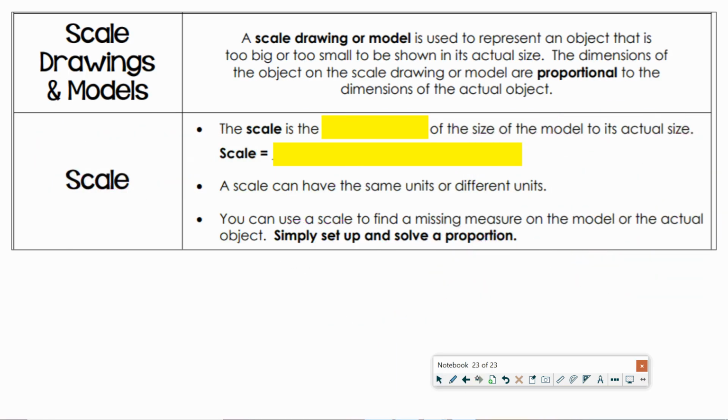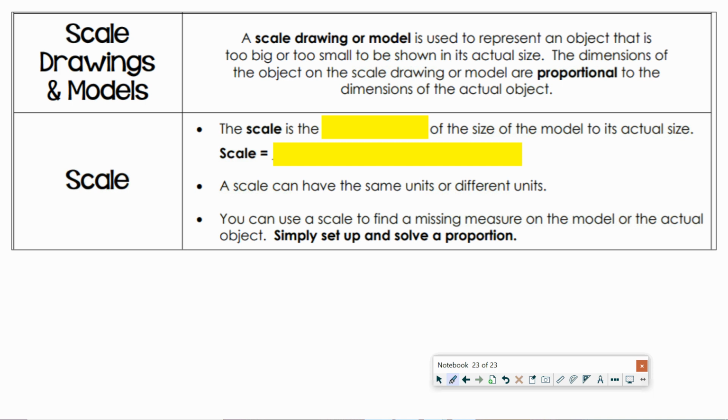All right. So the next part of this is scale drawings and models, which we've talked about already before, but in this respect, we can write proportions to help us solve them as well. So a scale drawing or model is used to represent an object that is too big or too small to be shown in its actual size. The dimensions of the object on the scale drawing or model are proportional to the dimensions of the actual object.